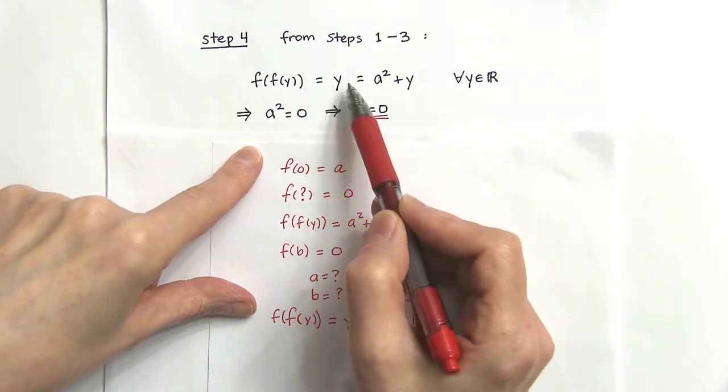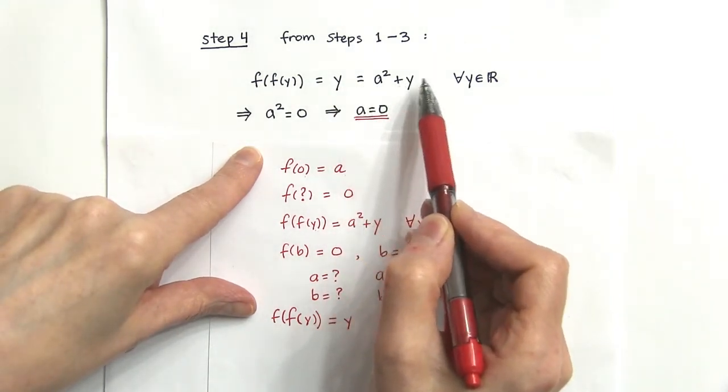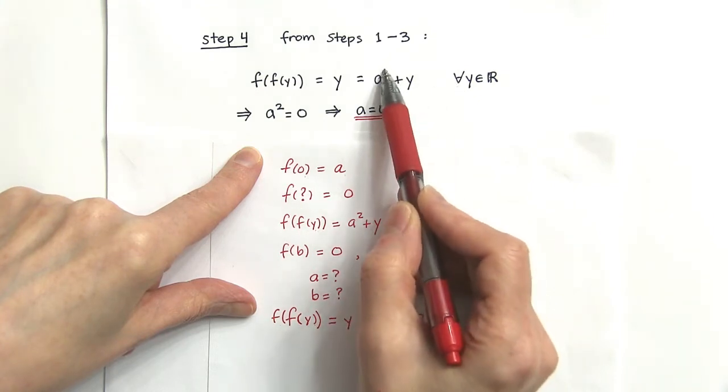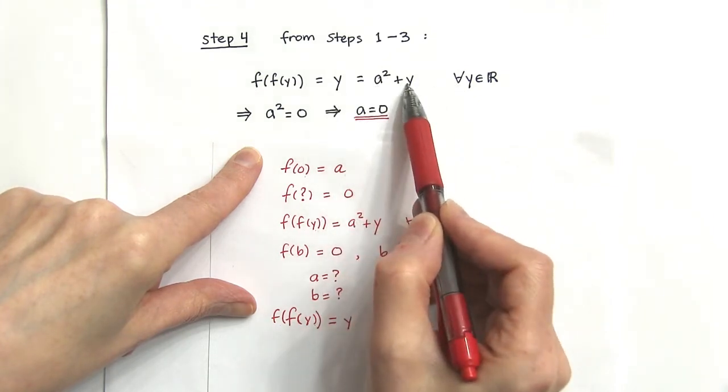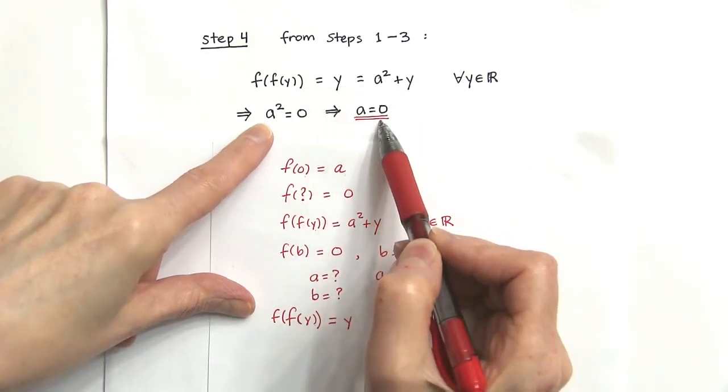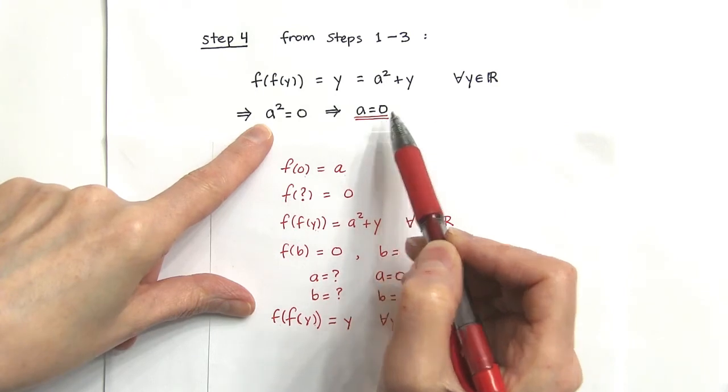And so since y must equal a squared plus y for every real a, then it follows that a squared must equal 0 by subtracting y from both sides of this equation. And so of course it follows that a equals 0.